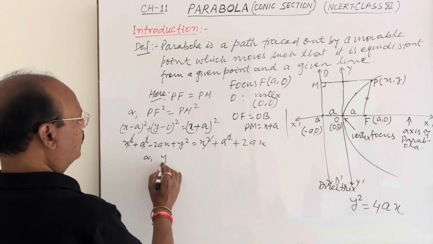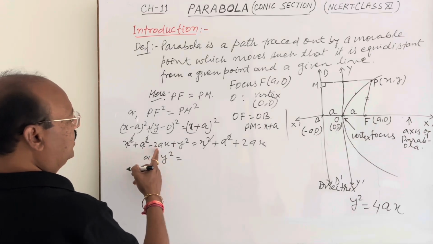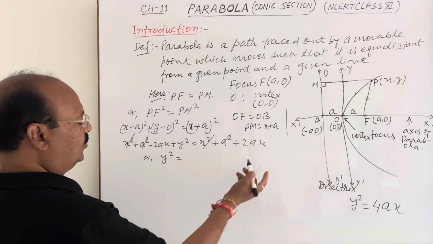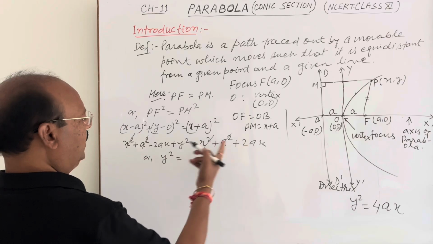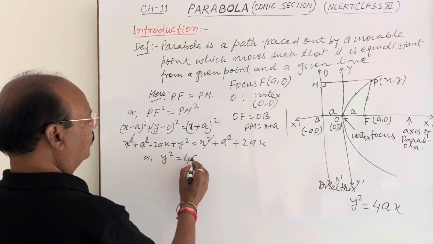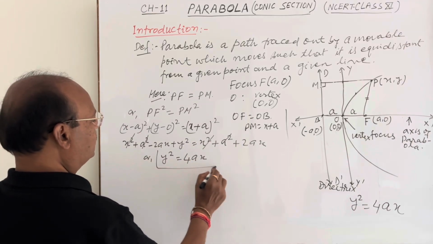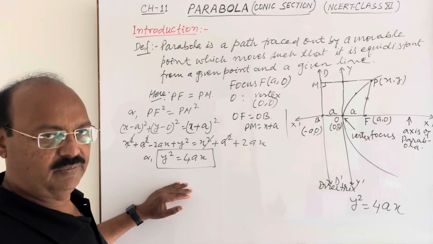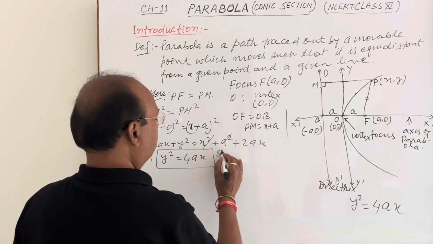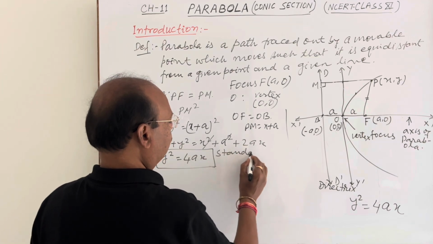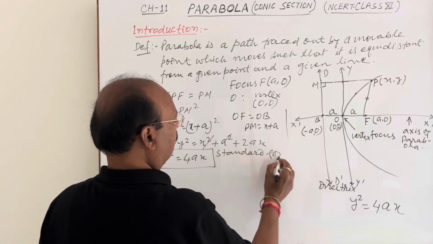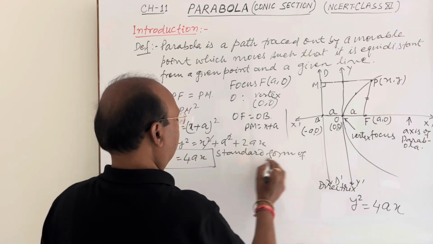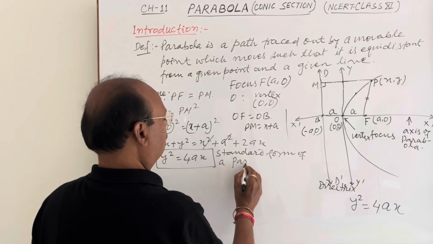So we get y square is equal to, this minus 2ax will be transposed to the right hand side, so 2ax plus 2ax, 4ax. So this is the equation of the parabola in standard form. This is the standard form of a parabola.